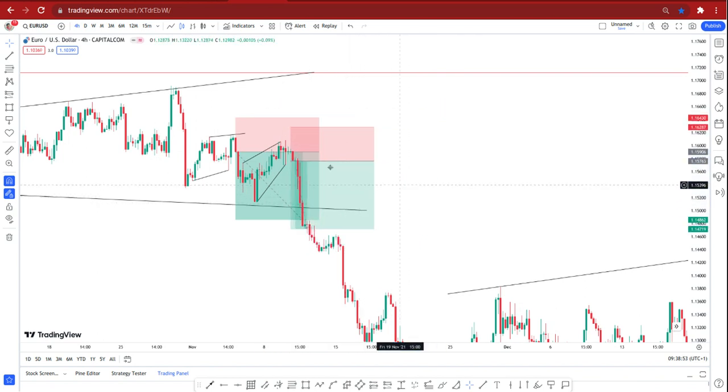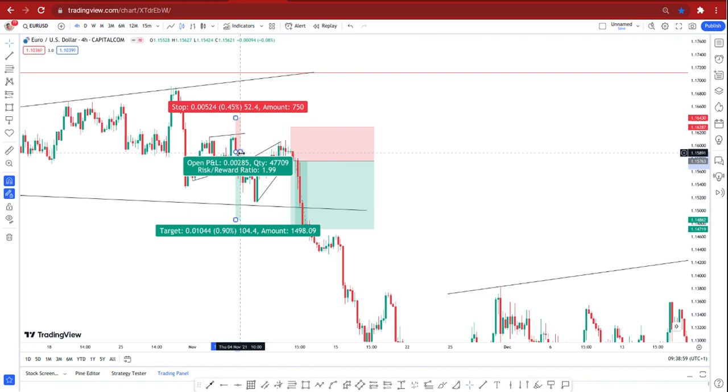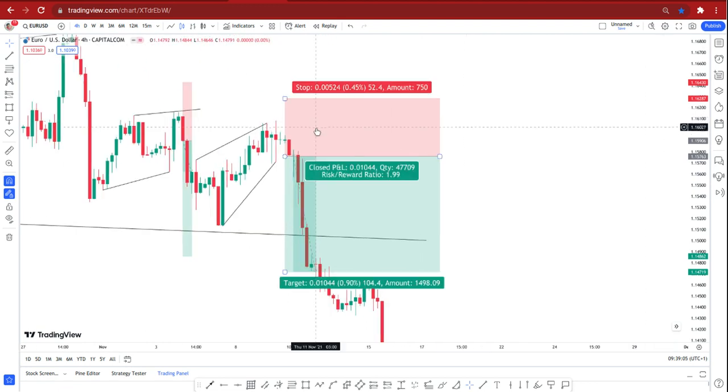I like to see a powerful candle to a non-powerful candle. Let me zoom in so that you can see. This sell candle to this buy candle is very transparent, in the sense that this tells me that there is more power in sell than this buy candle.